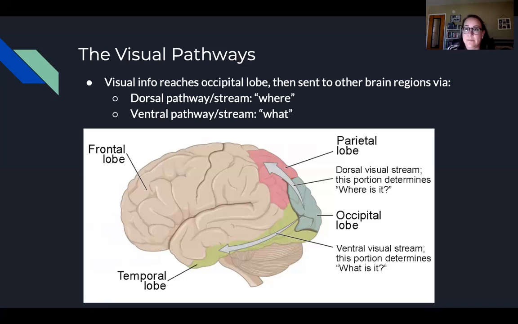You can have damage to your eye that then impedes information being sent to the brain, but also at the brain level, you can have breakdowns in communication that impact how we perceive and understand the world too.